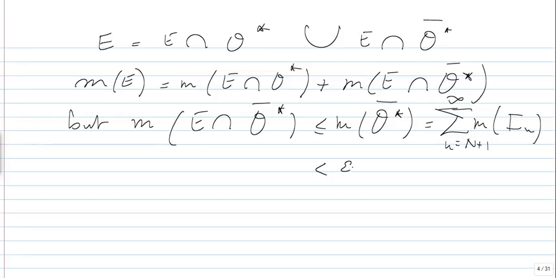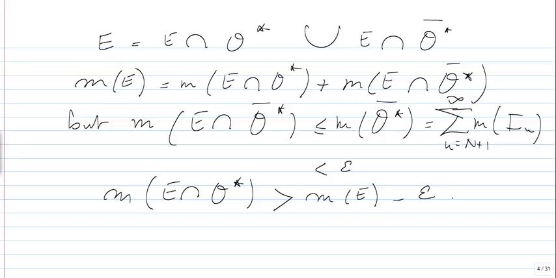So this tells me that the measure of E intersect O star is greater than the measure of E minus epsilon.